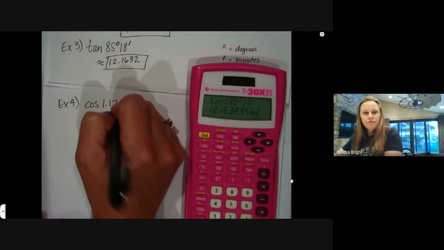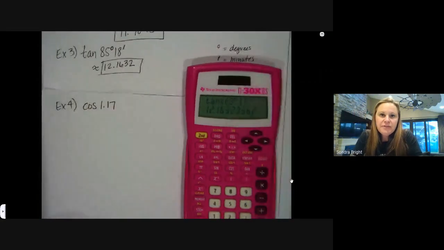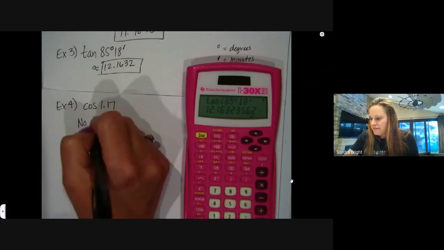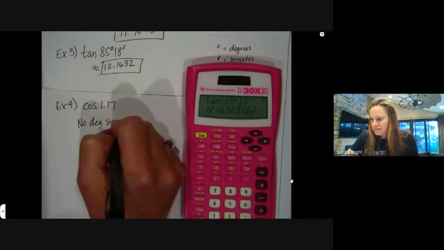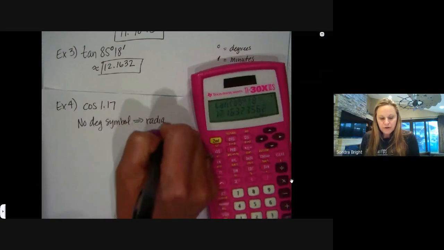Now, I've been warning you for a whole chapter that if you drop that little degree symbol off, it's not just a little tiny symbol that doesn't mean anything. It means a lot, right? There is no degree symbol here, which tells me that this is radians. It means you need to be in radian mode on your calculator.